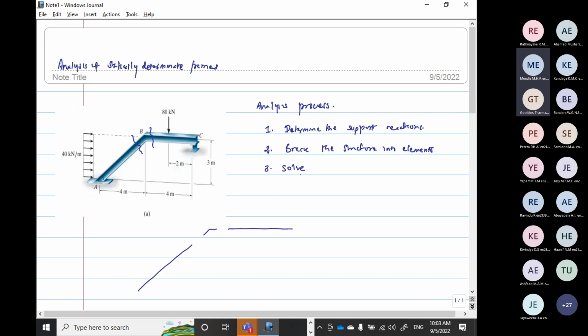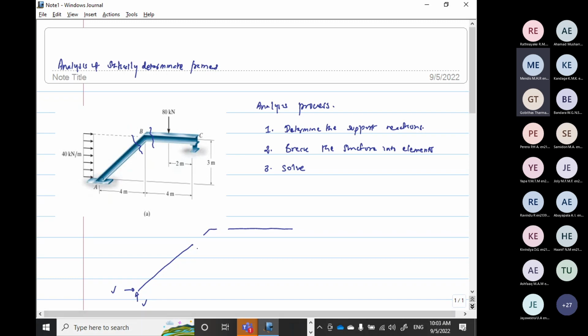solve. So once you break into these components or elements, now, for example, if you take this inclined column, we know the reactions here. These reactions are known.